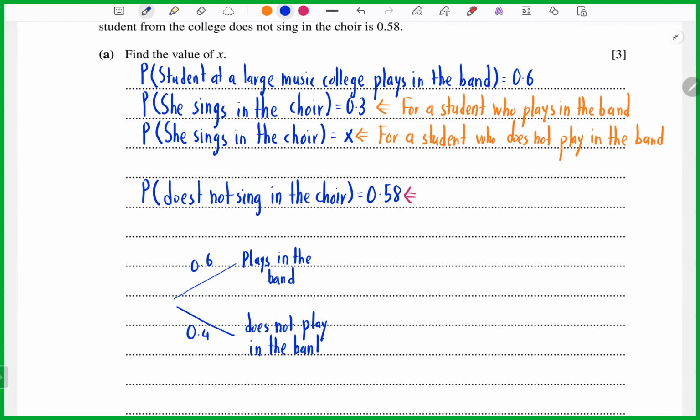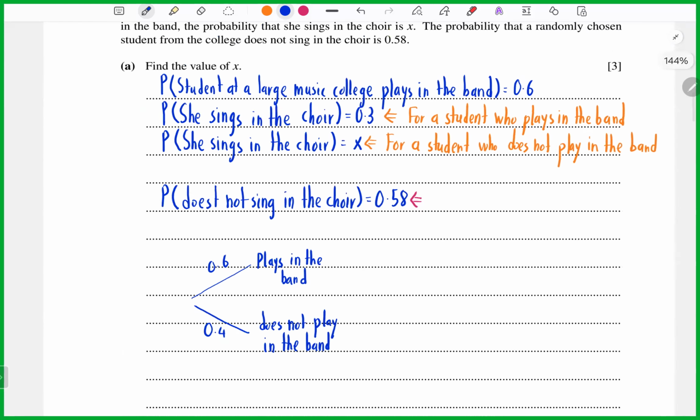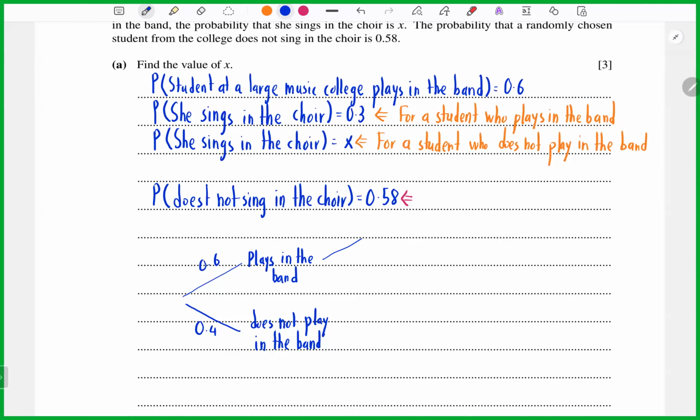So now you need to know how to separate. 0.6 is for plays in the band, 0.4 is for does not play in the band. For plays in the band, she will sing, 0.3 is the probability she sings in the chorus, and 0.7 she does not sing in the chorus.